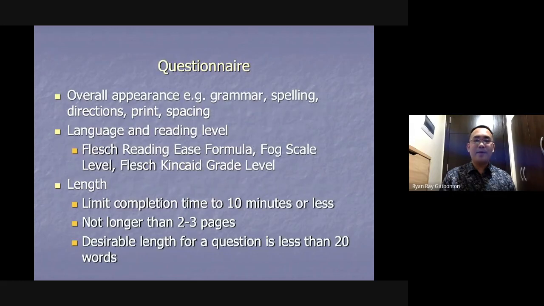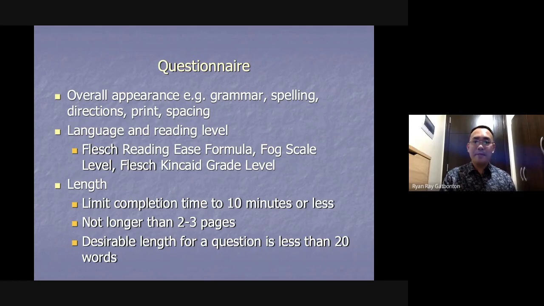Now, let's go back to questionnaires. Questionnaires should also have readability applicable to the type of person or the level of the person's understanding. It can be measured using the Flesch reading ease formula or the Flesch-Kincaid grade level. These are readability statistics of a particular questionnaire.